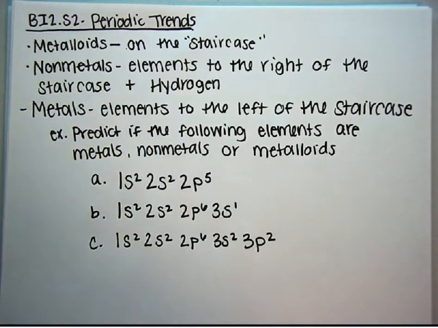Once we know what element it is, we can predict what type of element it is based on its location on the periodic table.